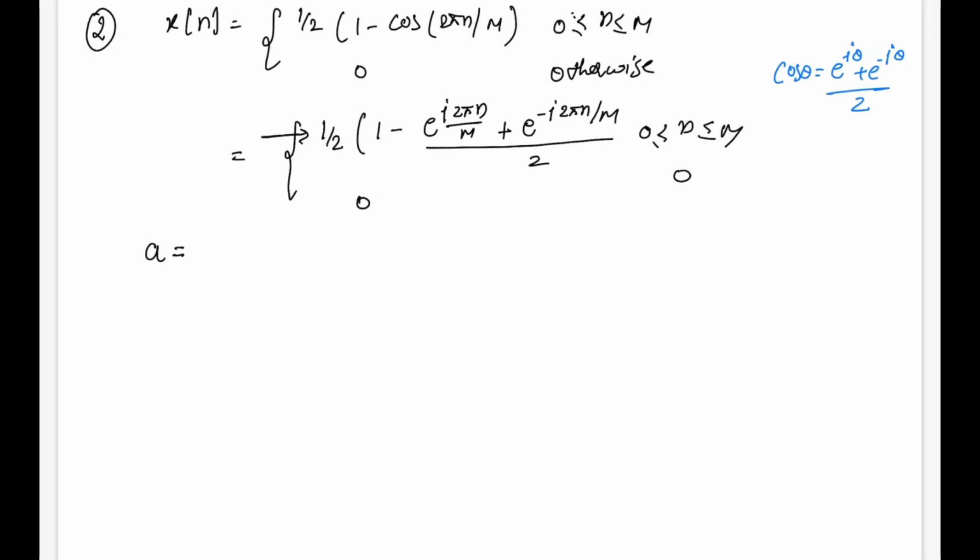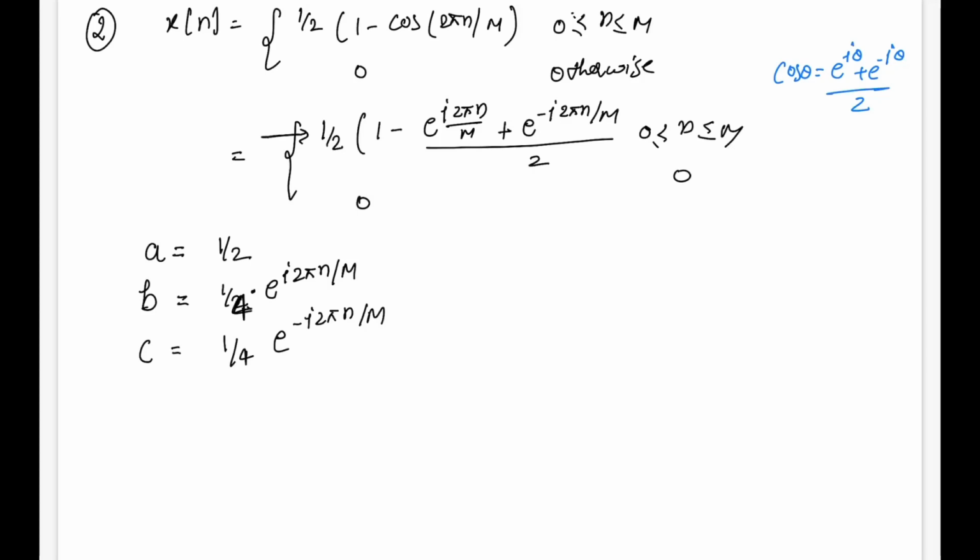Okay, fine. So now if we look at this term, we can break it into 3 parts. Let's call them a, b and c. So a is nothing but 1 upon 2, b is 1 upon 2 into e to the power j 2 pi n by M by 2, so I'll just change it to 1 upon 4, and c is 1 upon 4 into e to the minus j 2 pi n by M. Okay, fine.